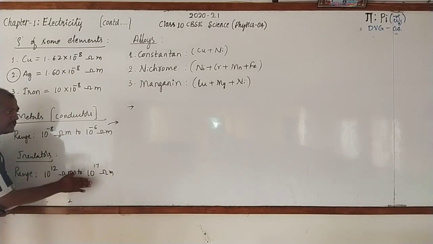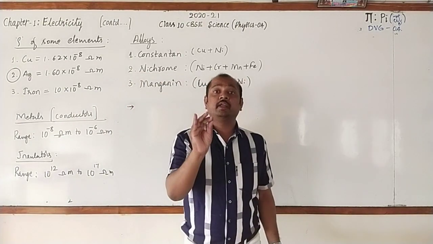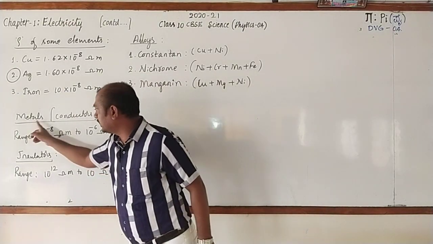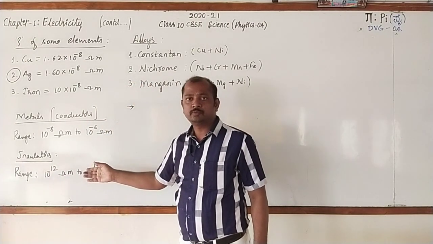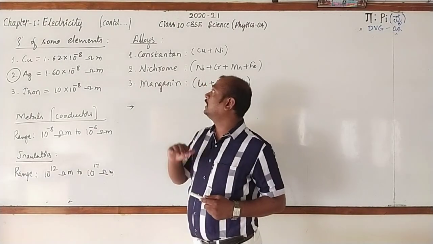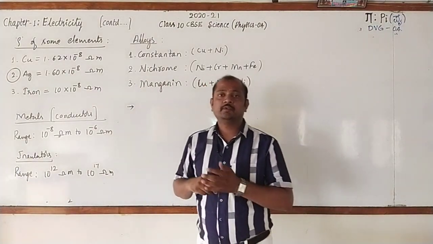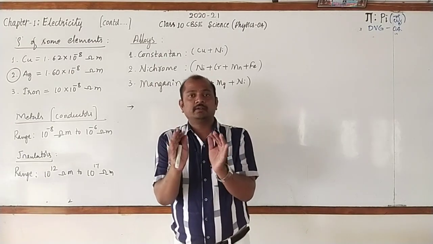Please do remember these 2 points. In the examination, they may ask the question that write the range of resistivity for metals or conductors, and insulators should be written. Clear?